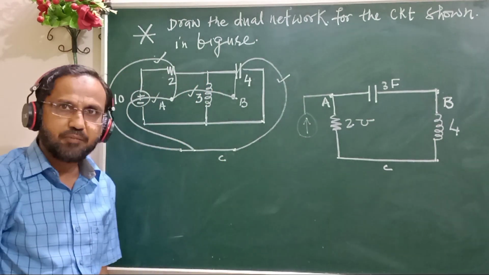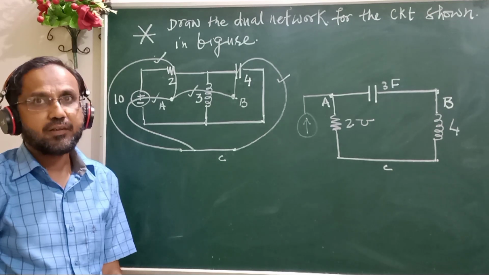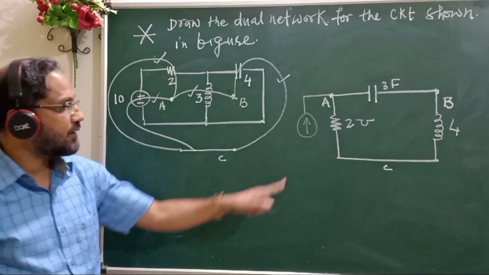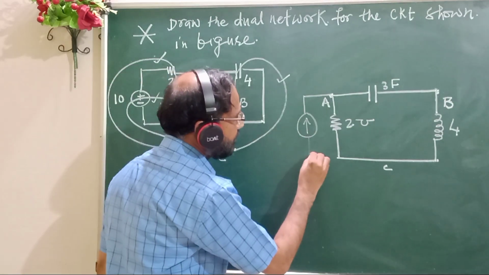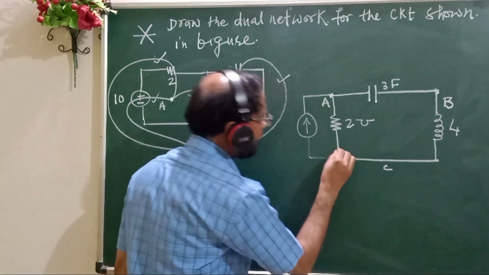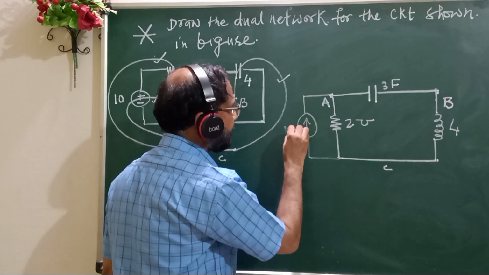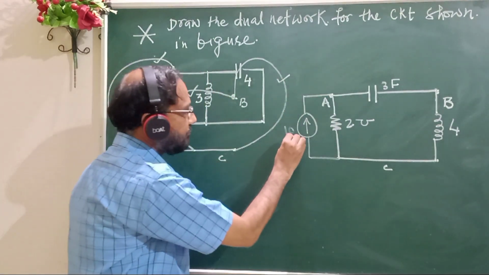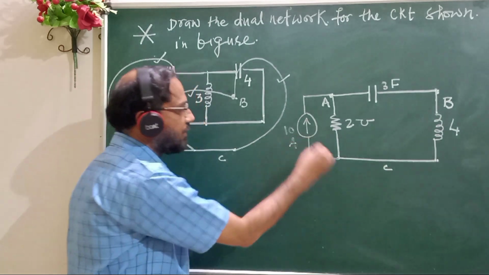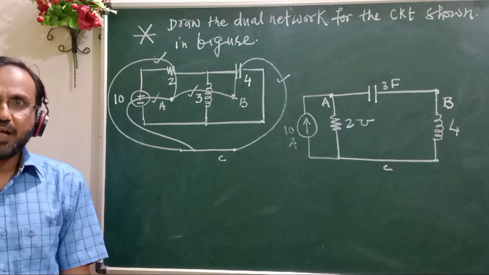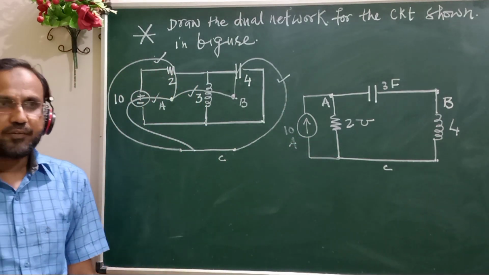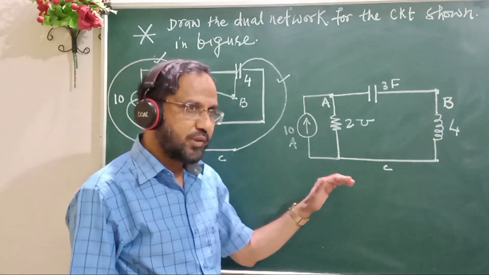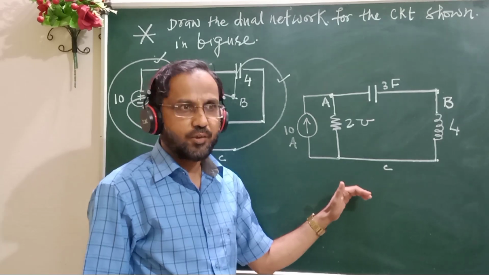So this will be replaced by a 10 ampere current source. Remember, the dual of a voltage source is a current source and the value will remain the same, so that is 10 ampere. So that is how to draw the dual of the given circuit diagram. I hope this is clear to you.